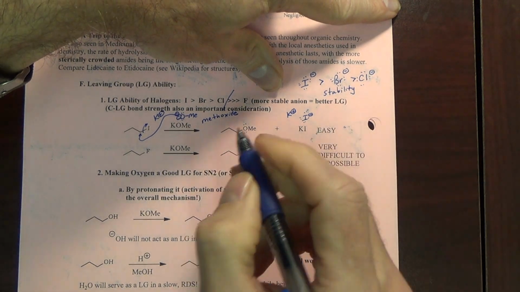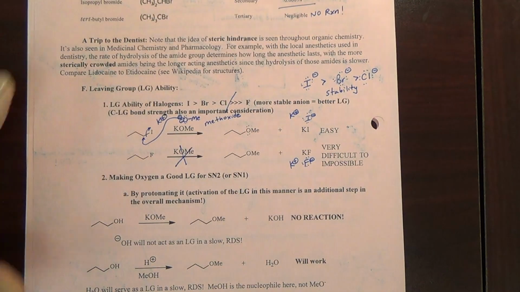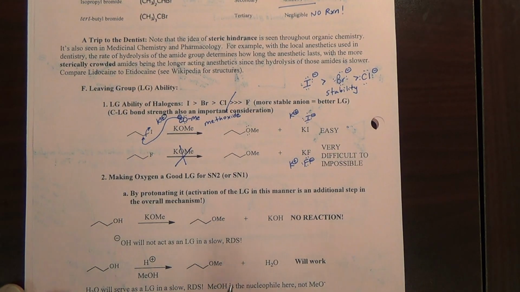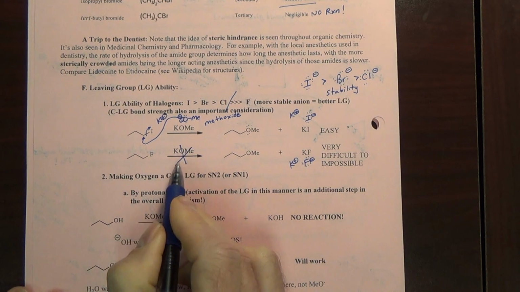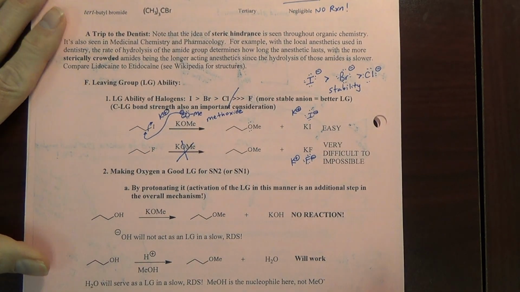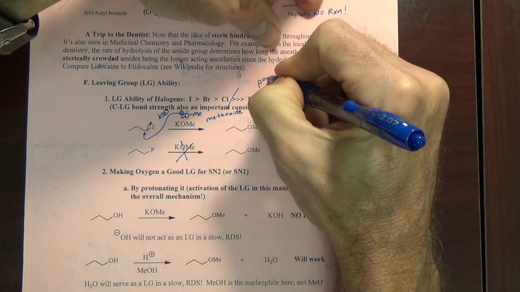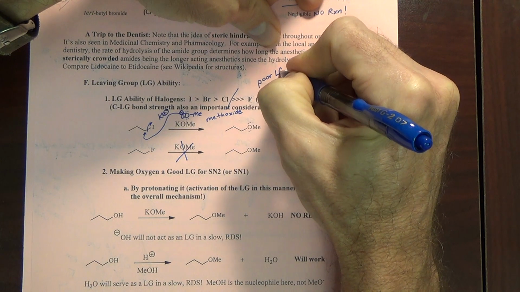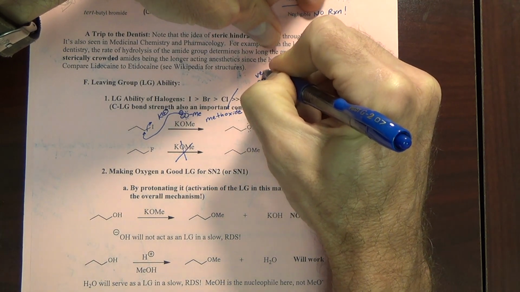Okay? So ultimately, we would say for this class that this reaction will not occur, but the one above will. The transition state here is just too high. We can say that the F minus is a poor leaving group. I will actually say very poor.